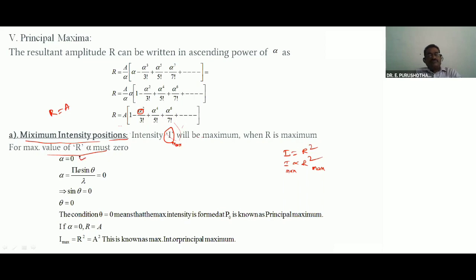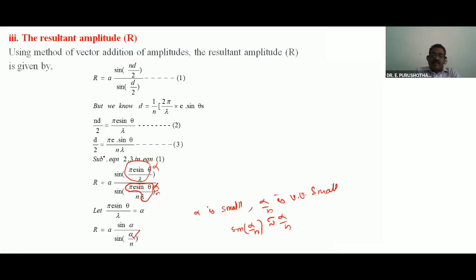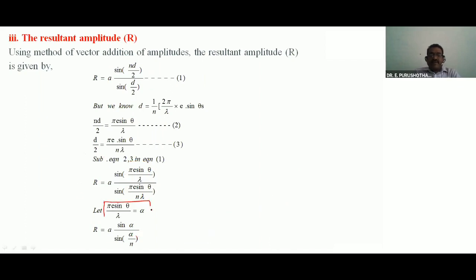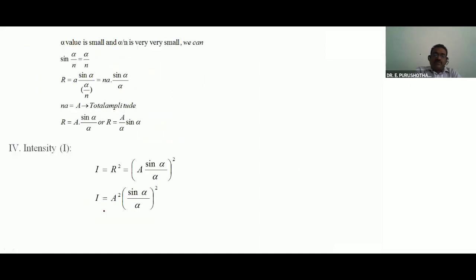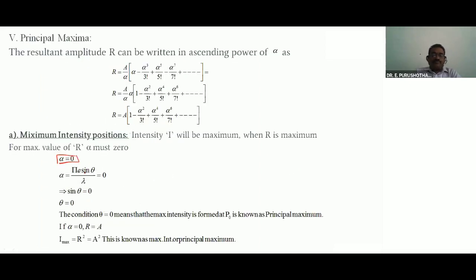You observe here clearly, for maximum value of R, alpha must be 0. What is alpha value? We have taken alpha is equal to pi sine theta by lambda. So alpha is equal to pi sine theta by lambda is equal to 0.